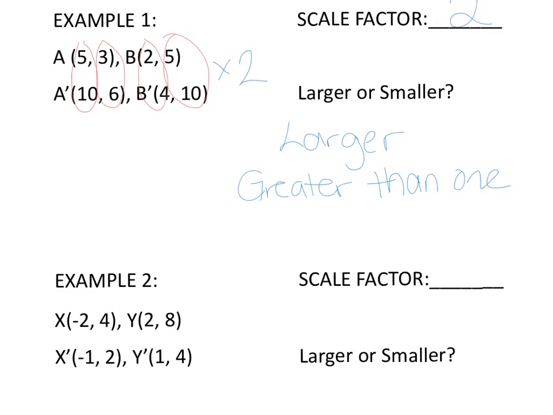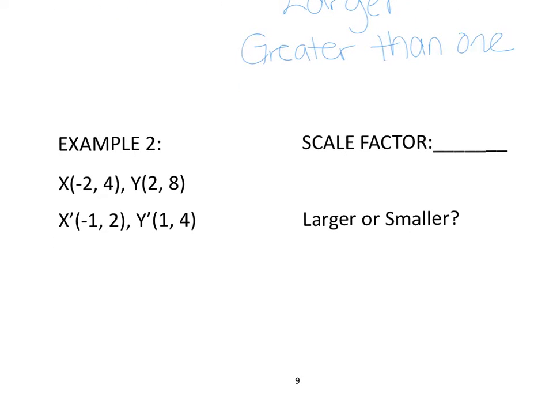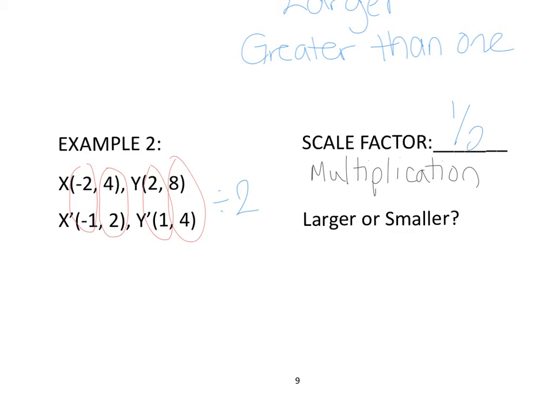If we take a look at example number 2, what we're being asked is, how are we getting from -2 to -1, 4 to 2, 2 to 1, and 8 to 4? We notice that we're dividing by 2. Now, scale factor has to be multiplication. So therefore, your scale factor would be multiplying by 1/2.